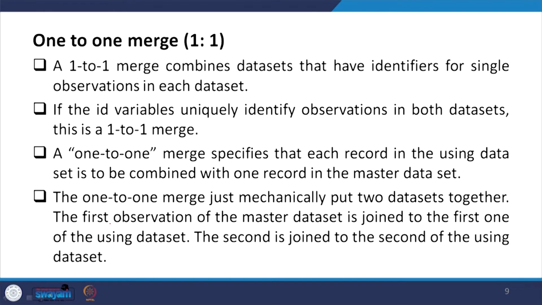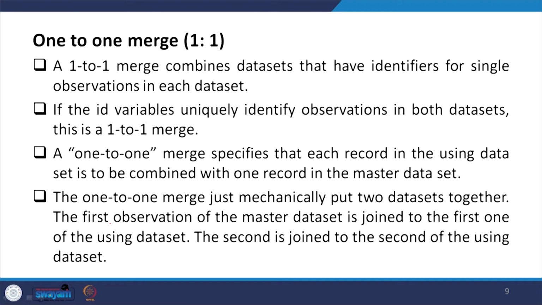If the ID variables uniquely identify observations in both data sets, this is a 1 to 1 merge. A 1 to 1 merge specifies that each record in the using data set is to be combined with one record in the master data set, alright.